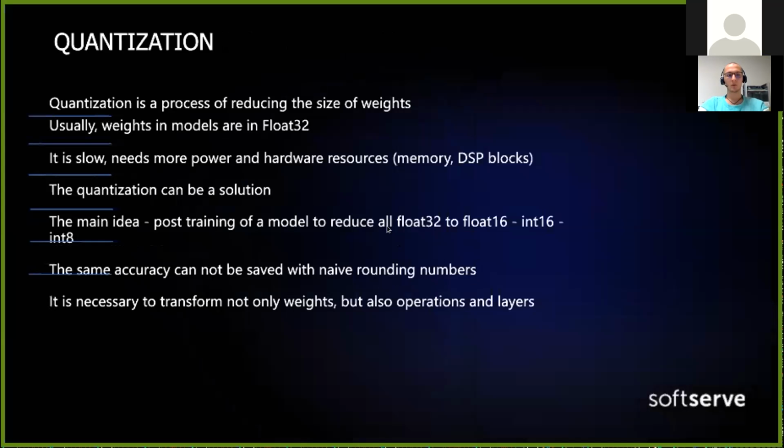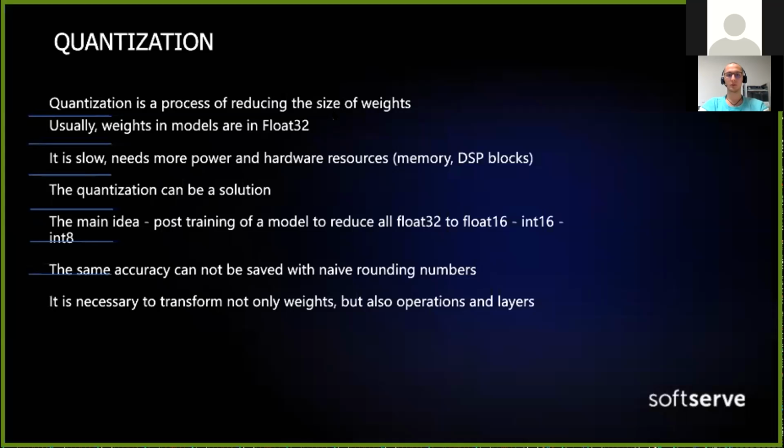So we have to use quantization. What is quantization? A simple model without any changes has only float 32 weights and layers that operate with these float 32 numbers.